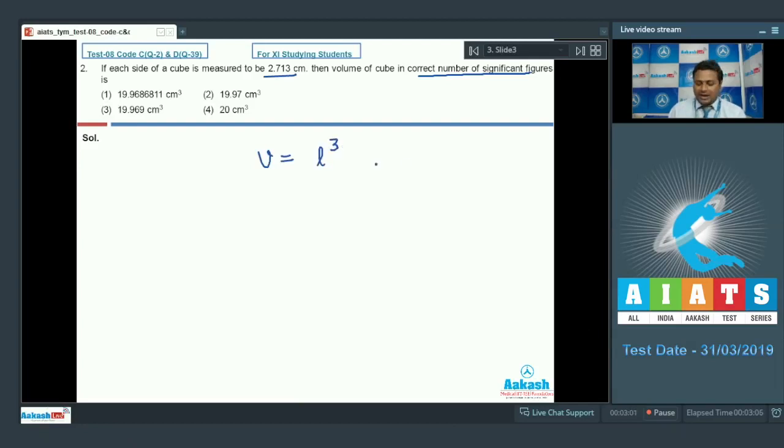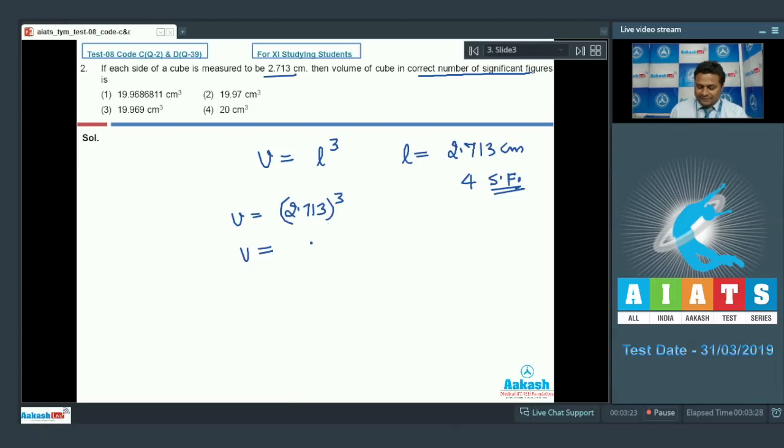L cube, where L is given in the question, that is 2.713 centimeter. Here L has 4 significant digits. Now V equals 2.713 cube.